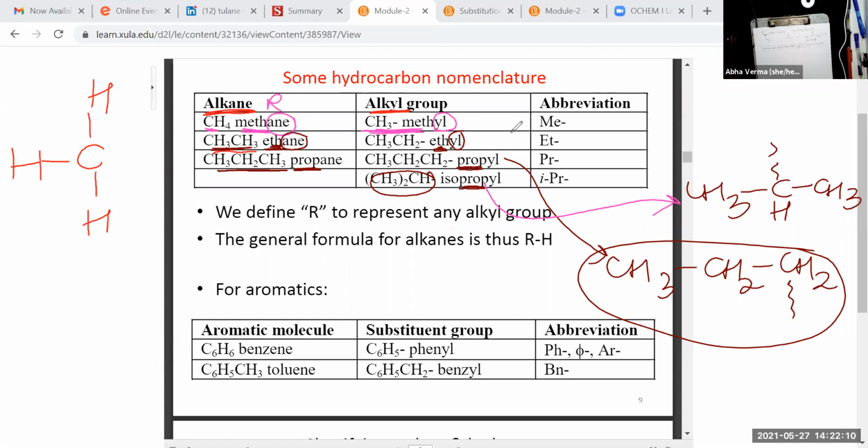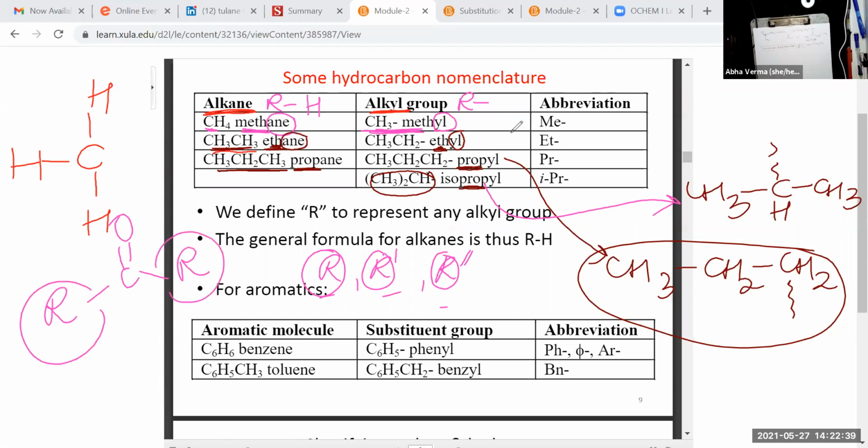Alkanes in general are labeled as RH, whereas the alkyl groups are just labeled as R. And R primes, R double primes. They just are indicative of the fact that they are still alkyls, but all of these three alkyls are different. If I just say R, C double bond O, R, what do I mean?